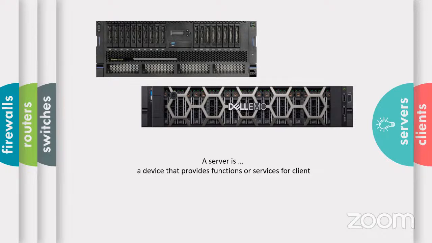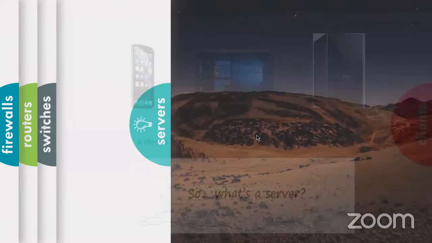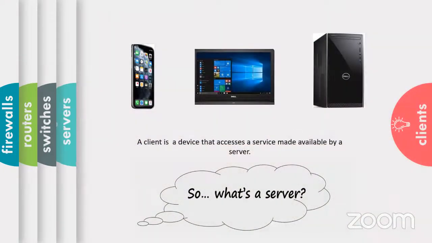Sorry for the disturbance. Can you repeat the last statement? Which one, about the clients? Yeah. So clients, as I said, why are we connecting our devices? To share the data. When we are sharing the data, one device will be the requester, that means it will request some data, and one will be giving the data.